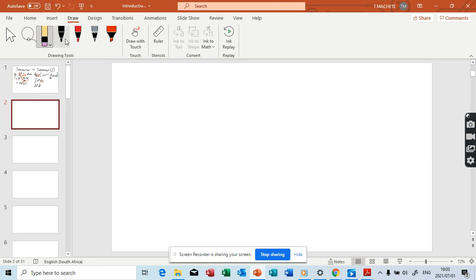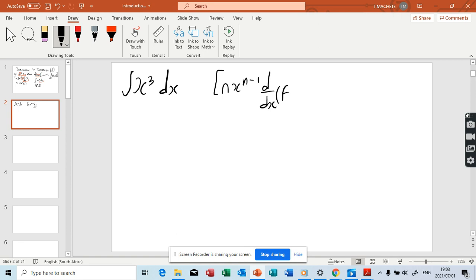I'll just rewrite that question. It's integration of x cubed dx. So for integration, guys, remember for differentiation we said it's x to the n minus 1. Okay, sorry, I didn't multiply by d over dx of f of x.